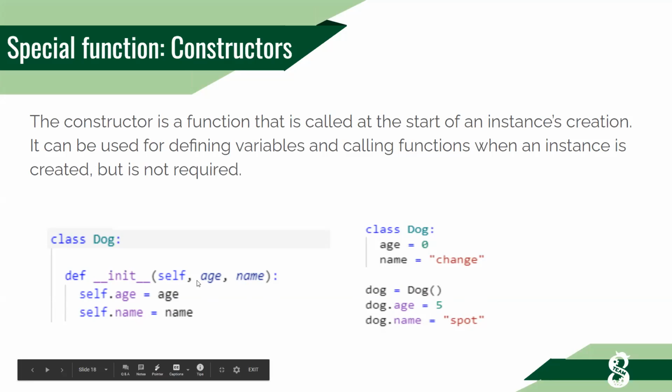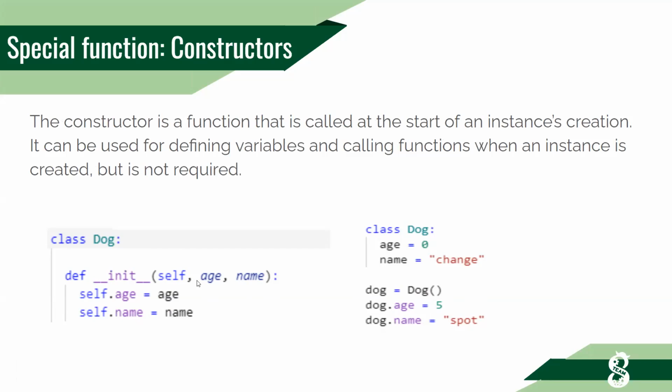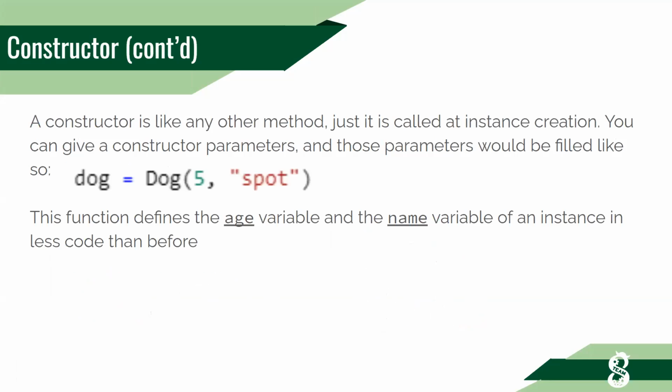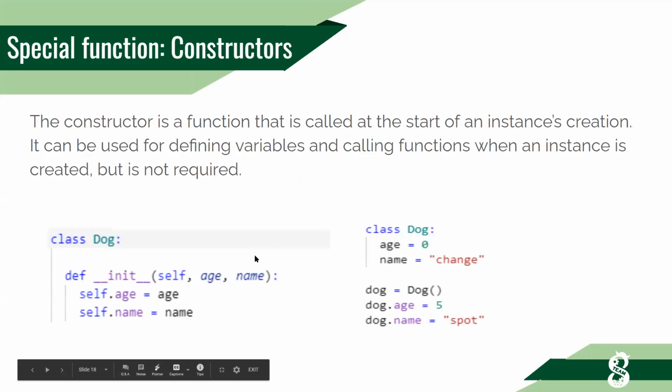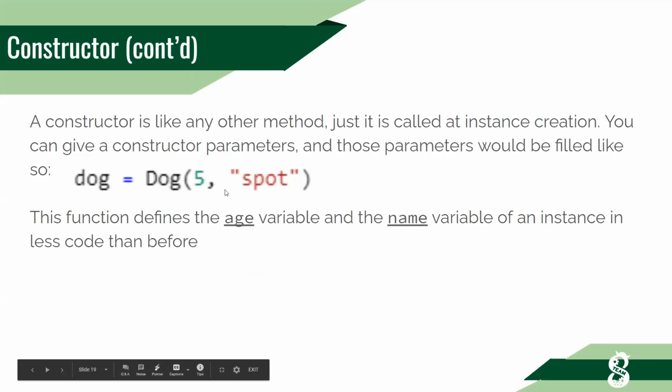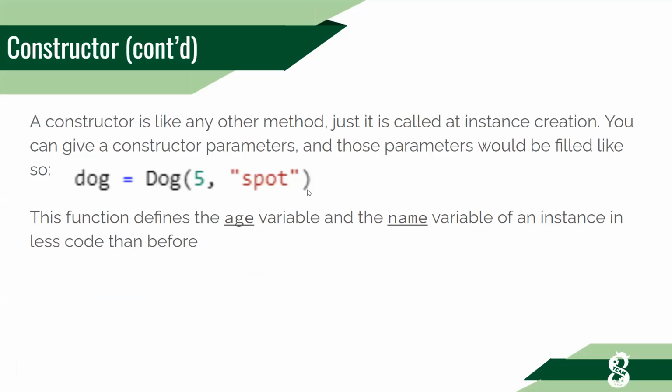So I'll show you how to create a class when you have the init function right here. When you have your init function with these two parameters and you call the class, those parentheses, which might have seemed useless before, will now house the parameters of the init function.